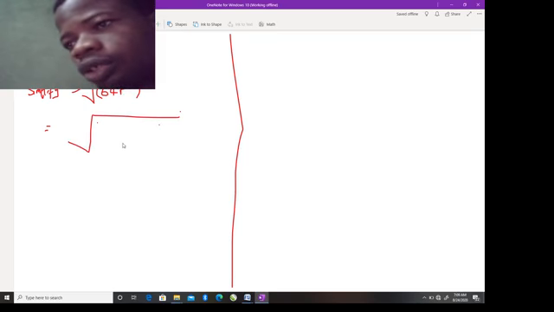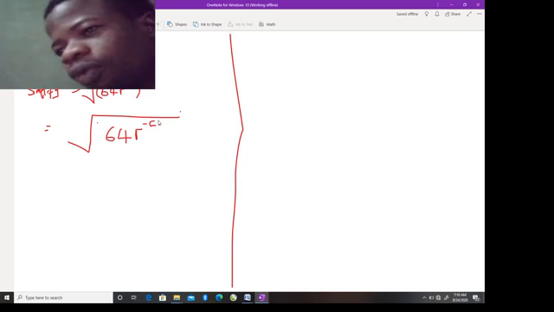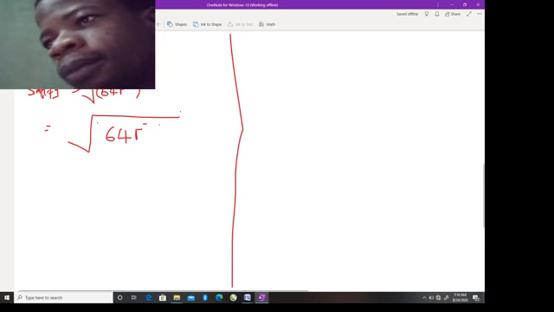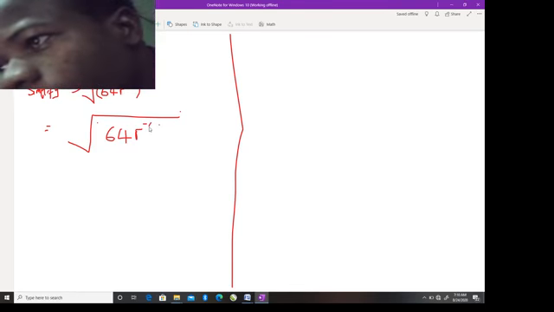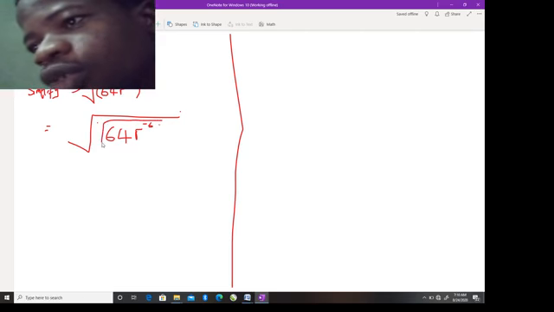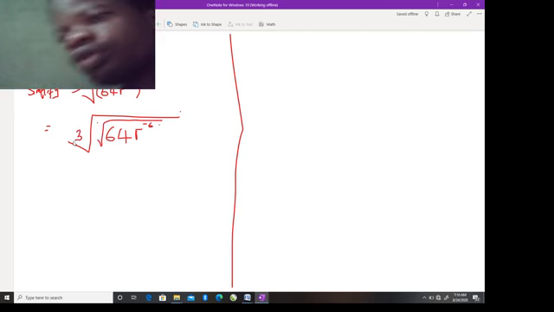You have 64 and you have r raised to the power minus 6, raised to the power 1 over 2, which means another square root. This one is just a third root. So this is what the question is in another form.